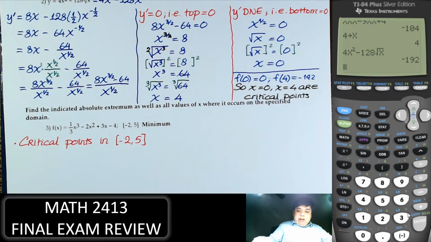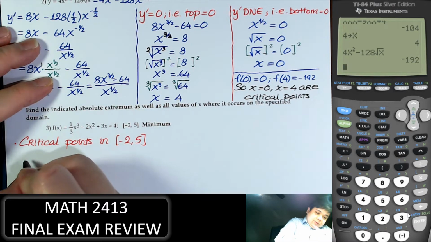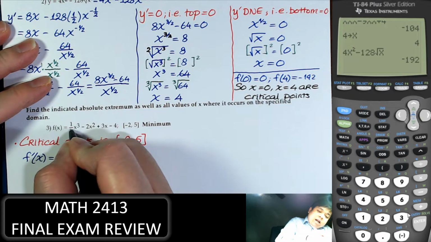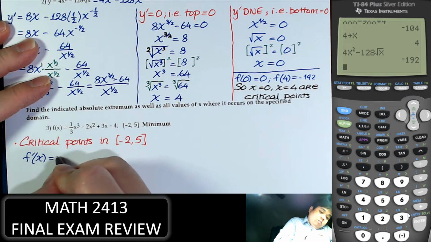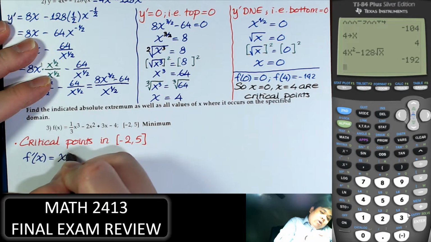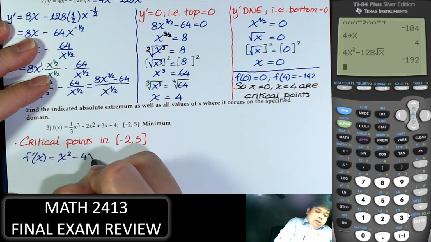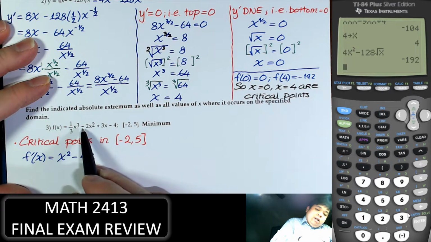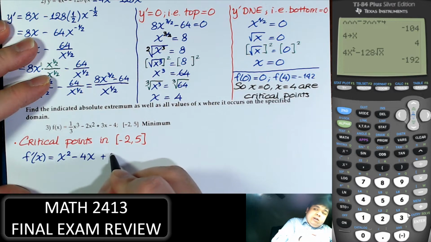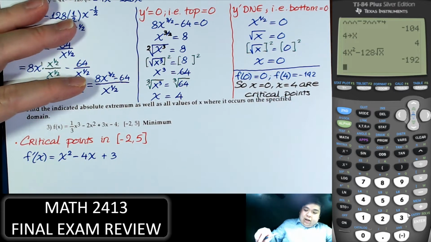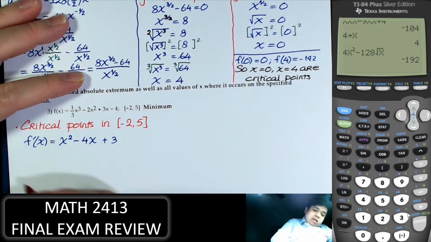So we check the derivative. 3 times 1/3 is 1, so we just have x squared. Move the power down, that will give us 4x, and plus 3, and then we let it equal to 0.